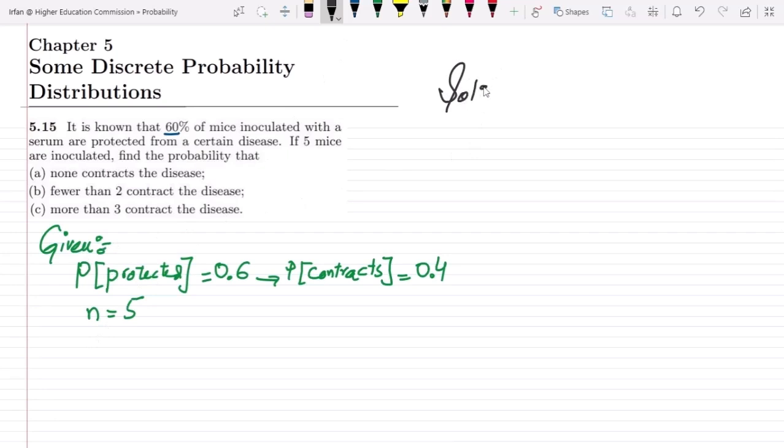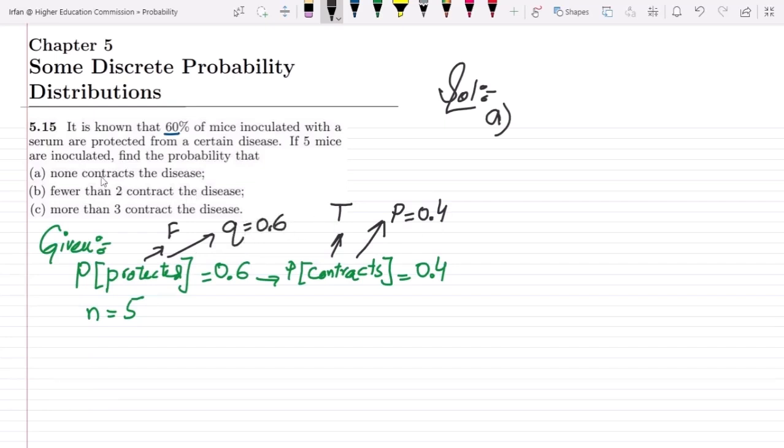So in part A we have to find that none contracts the disease, and here we can very clearly see that this is a Bernoulli trial in which we have either protected or contraction, or non-protected. So contraction is basically true and this is false. Similarly, on the basis of it, this is basically p, which is 0.4, and this is basically q, which is 0.6.